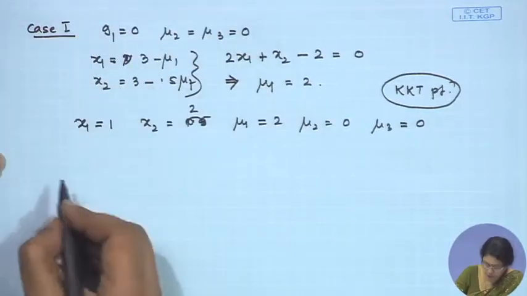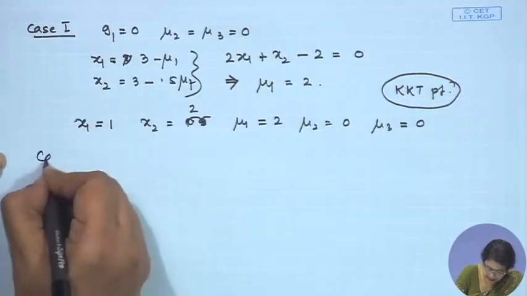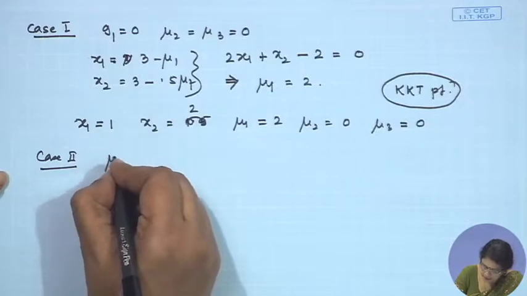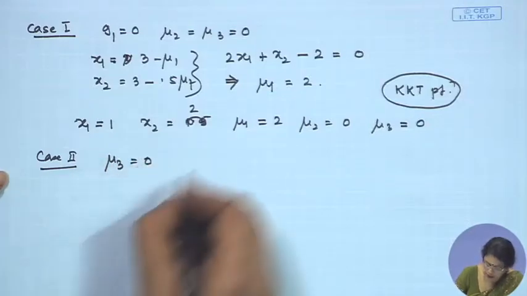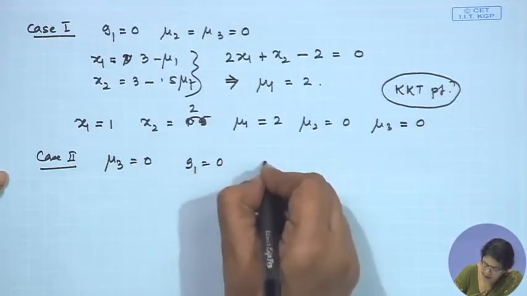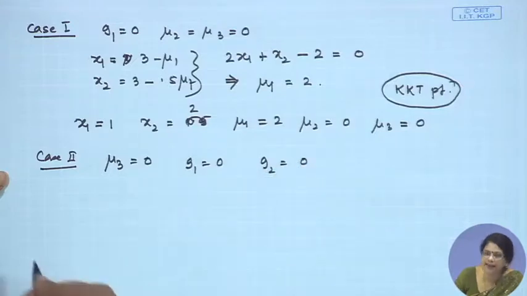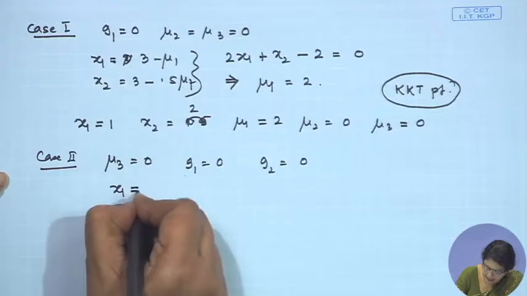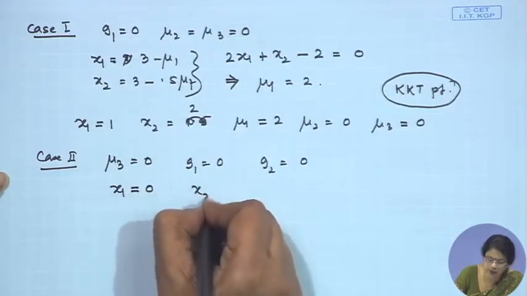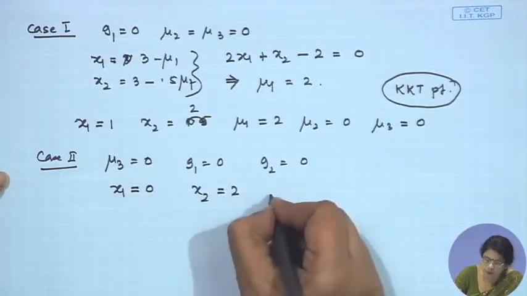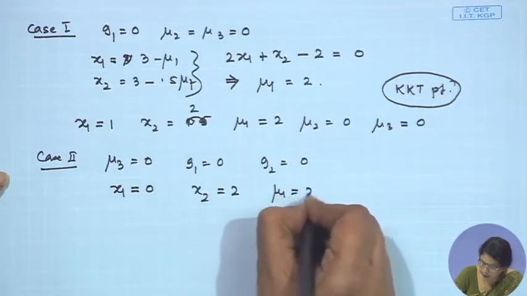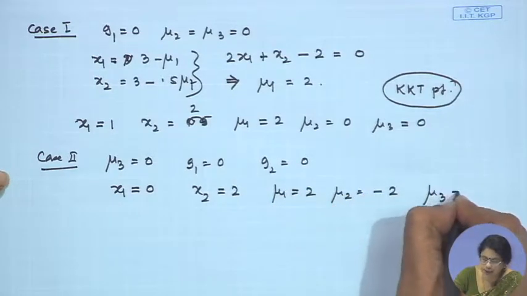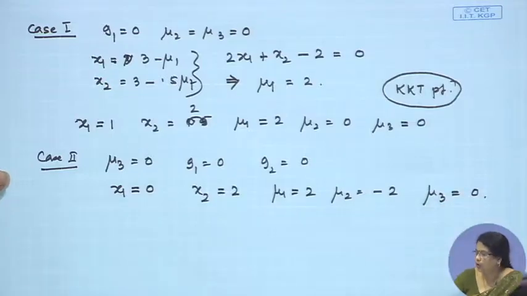Alright. Now, we will go to the second condition, case 2, where we are considering mu3 is equal to 0 only, G1 0 and G2 0, nothing else. From here, after doing the calculations, we will get x1 is equal to 0, x2 is equal to 2 and mu1 is equal to 2, mu2 is equal to minus 2, mu3 is equal to 0. Okay.